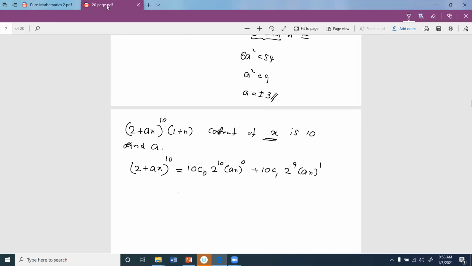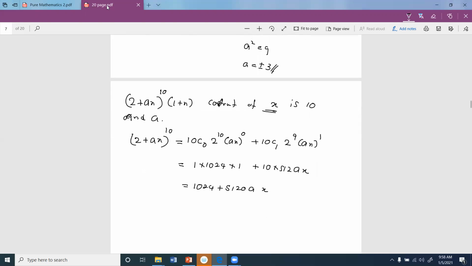Then if you do this, you can understand that this is 1 into 1024 into 1, because here x to the power 0 is 1. 10c1 is 10, 2 to the power 9 is 512, ax, right? Then this becomes 1024 plus 5120ax, right? Then what you need to do is expand with this.